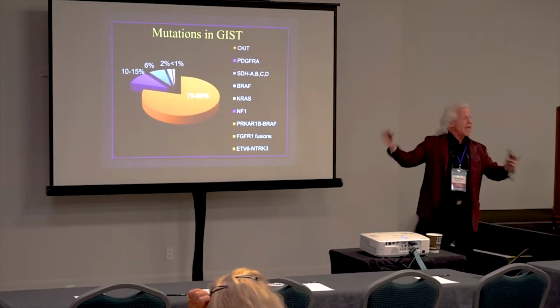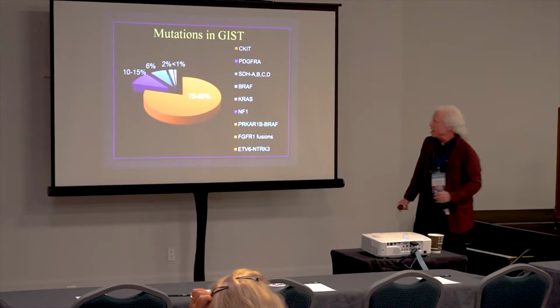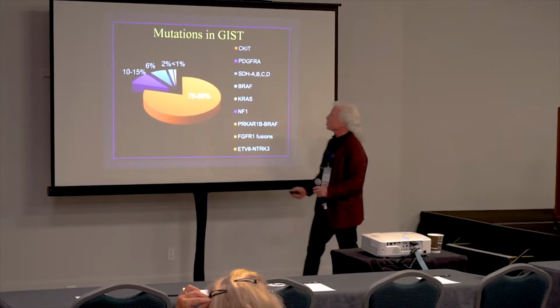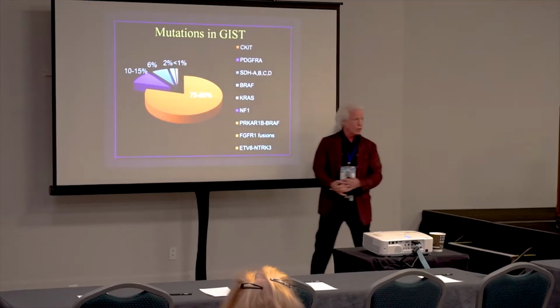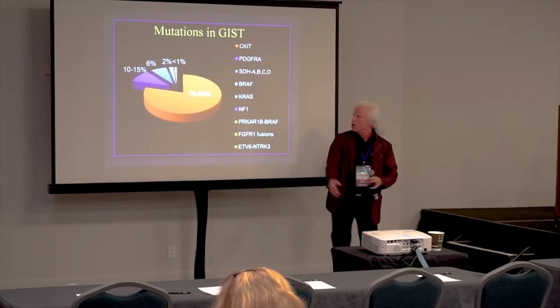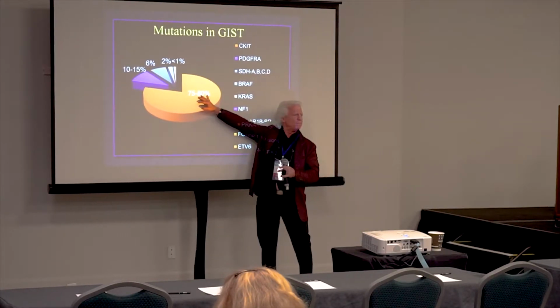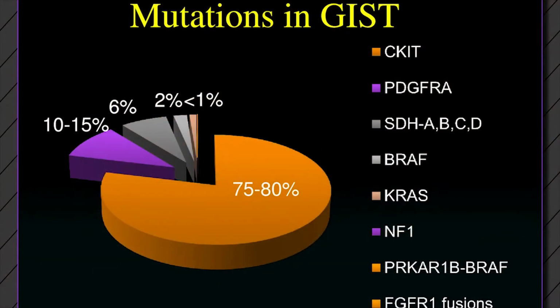So these are the names of the mutations in the vast majority of gastrointestinal stromal tumors. And as you all know, almost 75–80% of all mutations affect the gene that makes the protein c-KIT. And again, c-KIT is a receptor molecule sitting on the surface of the cell.